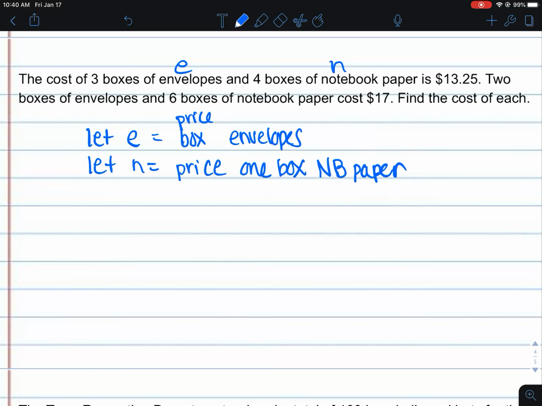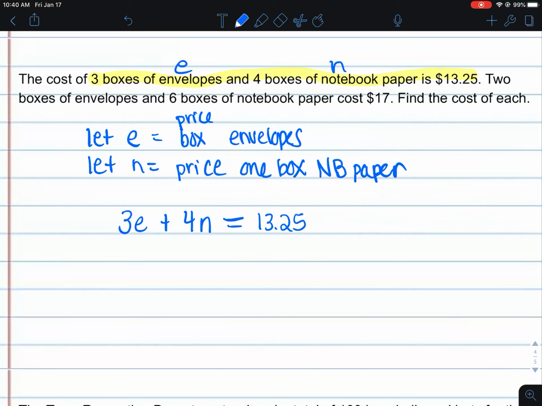Now, when you're setting these up in your equations, it's really one sentence goes in one equation. So when we take 3 boxes of envelopes, that would be 3E, plus 4 boxes of notebook paper, so 4N, I get $13.25.